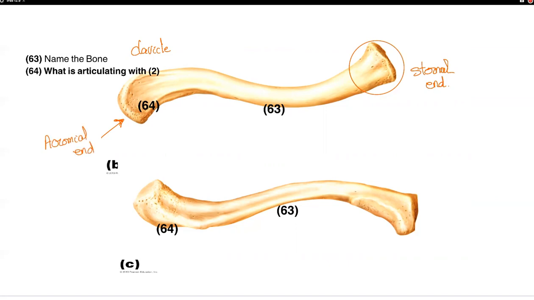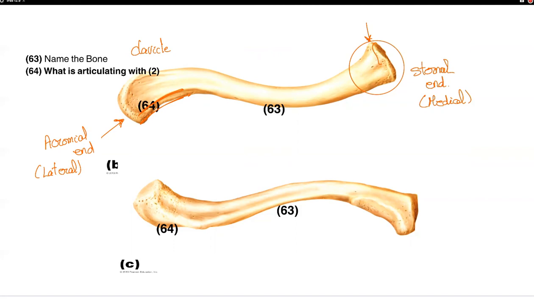Other names for sternal and acromial: sternal is also called the medial end, and the acromial end is also called the lateral end. The sternal end is this rounded, thick end of the clavicle. The flattened end that you see on here is the acromial end or the lateral end.